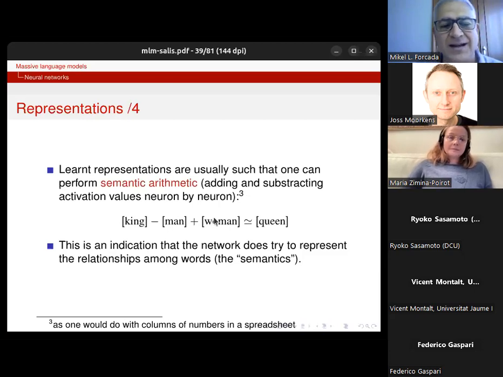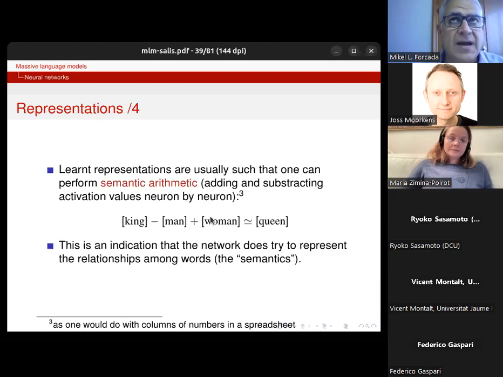It's quite likely that the result will be very similar to the column the network learned for queen. This makes sense: if you take a king, remove his attributes of being a man, and add in the attributes of being a woman, what you get is a queen. This kind of semantic arithmetic can be performed on learned embeddings.